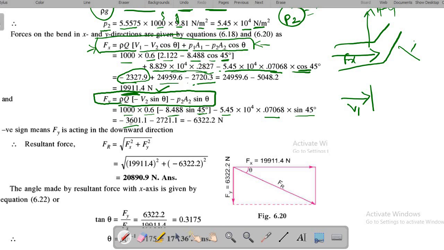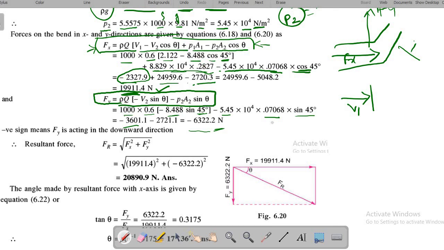We are getting the values are negative on both the side. So minus 3601.1 minus 2721.1. Take the sum of these two negative values. So we are getting it as minus 6322.2 Newton. Okay. So this is what Fy value.